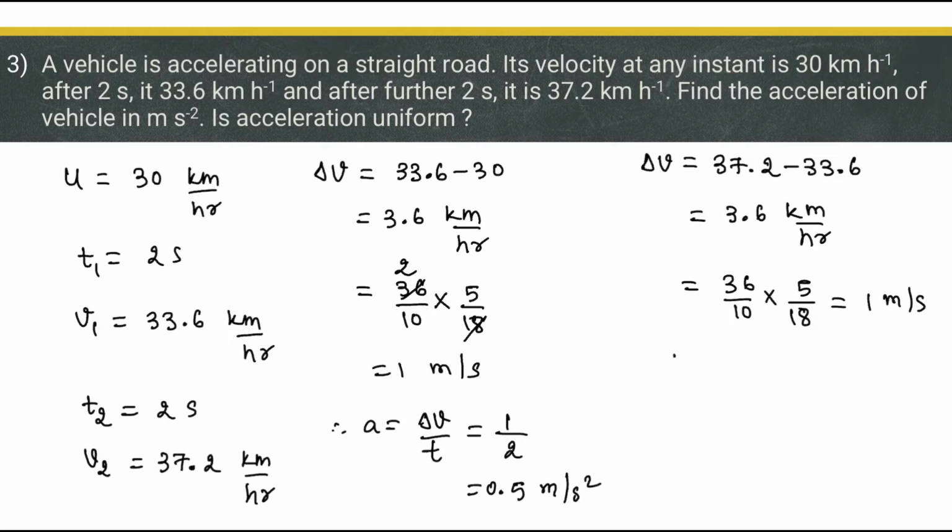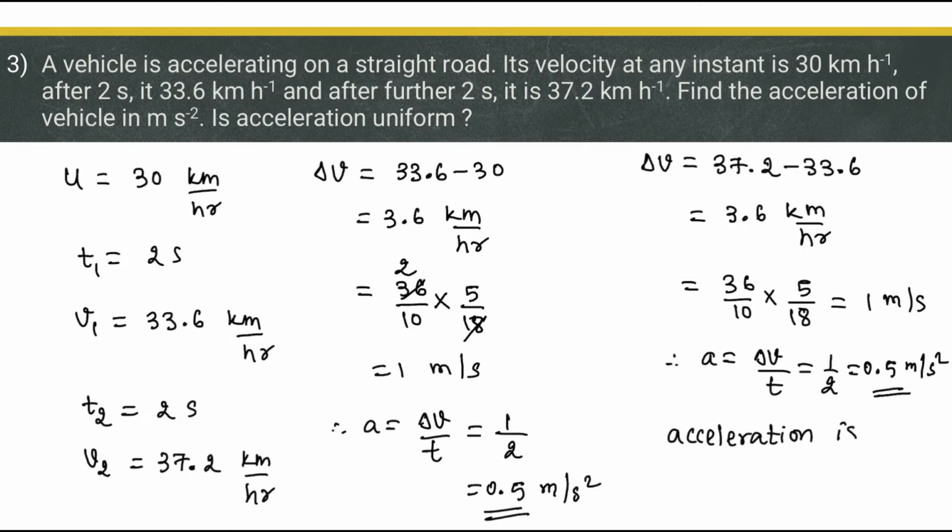So acceleration is delta v upon t, half, or 0.5 meter per second square. So from these two values of acceleration, we can say that acceleration is uniform.